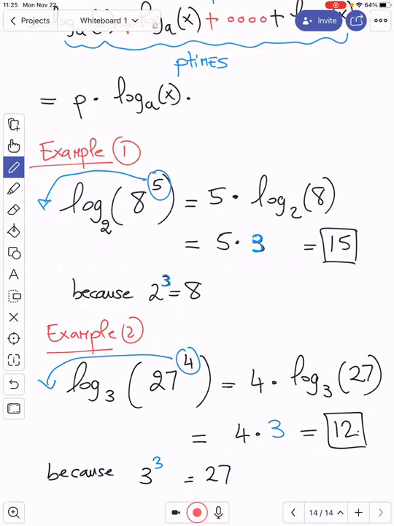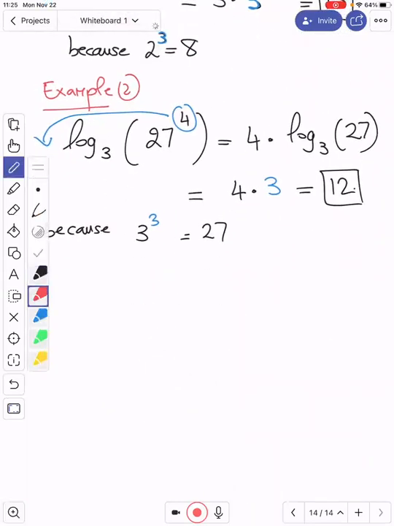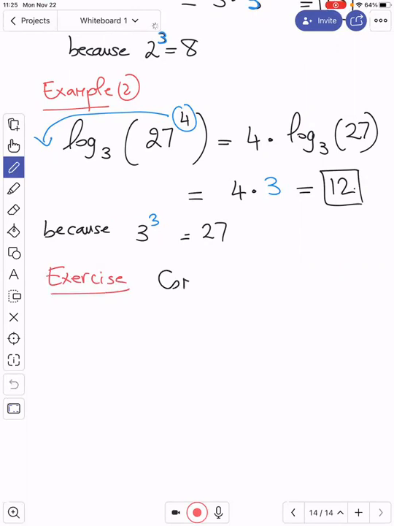All right, so here's an exercise. Please try to compute the following. Number 1: log in base 4 of 64 to the power 7.